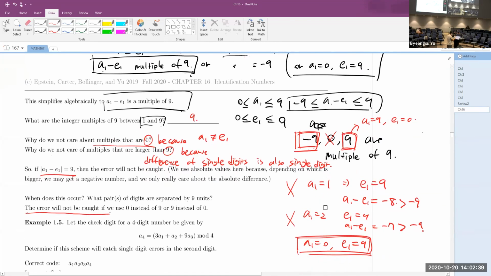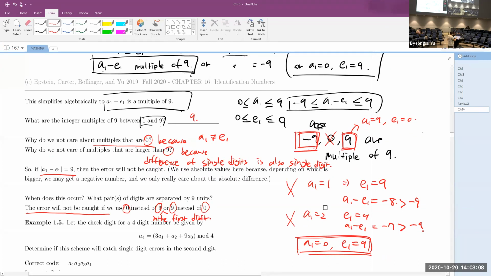The error will not be caught if we use 0 instead of 9 in the first digit, or 9 instead of 0, right? So in those two cases, the check digit cannot distinguish the error and the correct one, right? Okay, does it make sense, or do you have any questions?